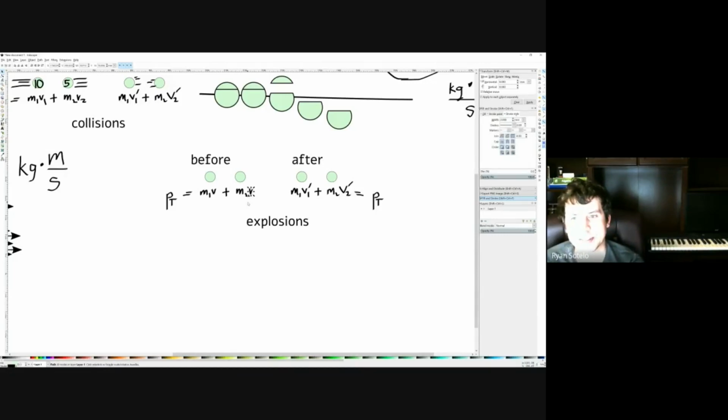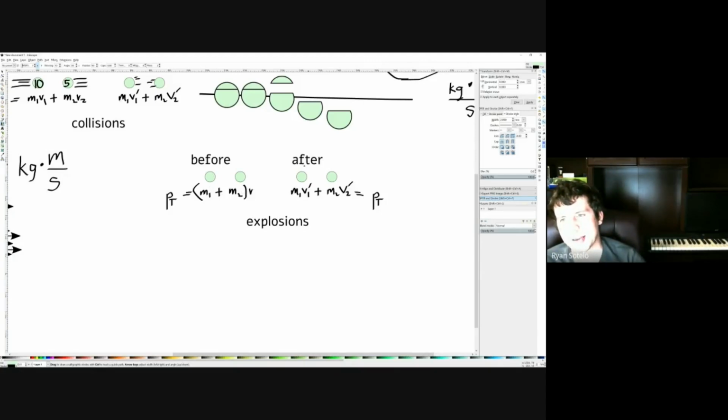You could even write that where you put them together with parentheses, and they both get multiplied by the same v. If you distribute that v in, they both have the same velocity.